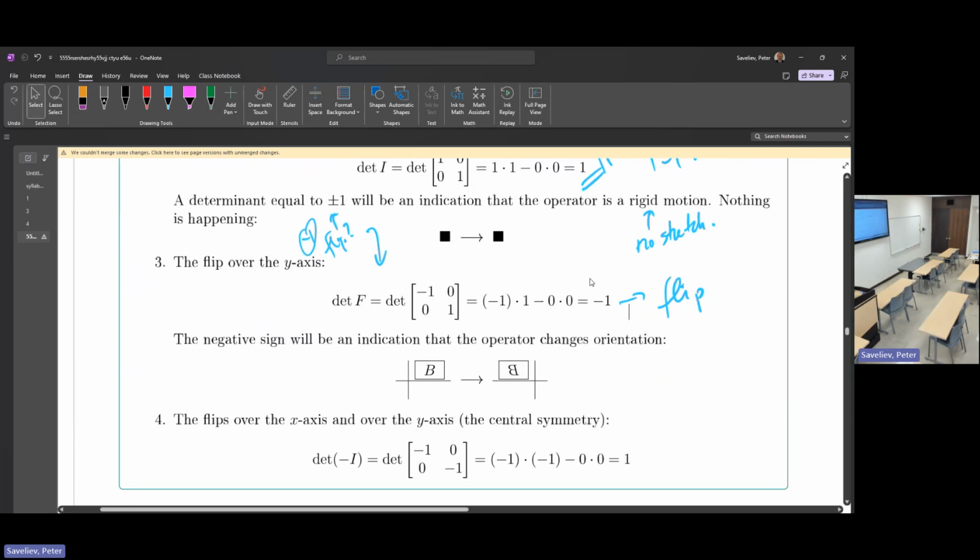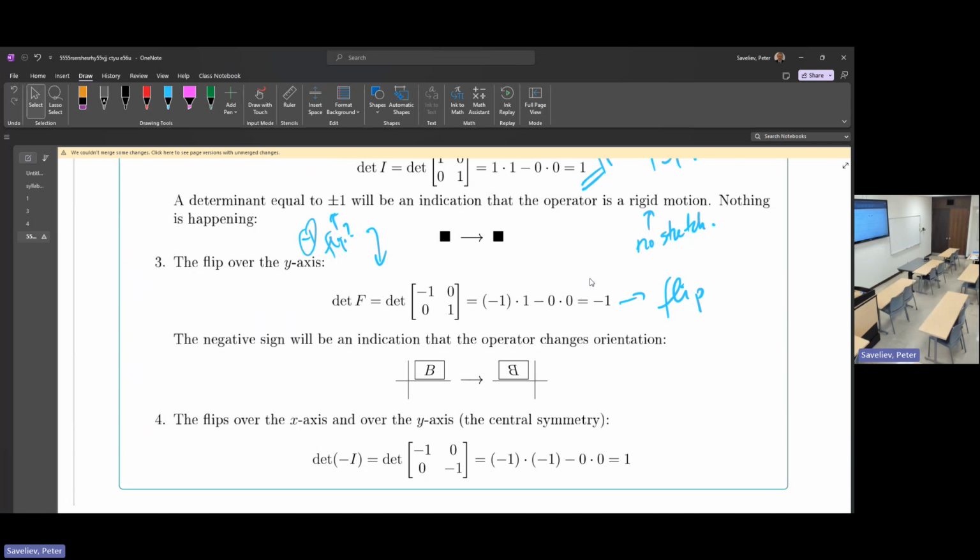Okay. This one is interesting. Central symmetry gives me 1. Central symmetry has two negative 1s on the diagonal. When you multiply and compute the determinant, the answer is 1. What does it tell you?